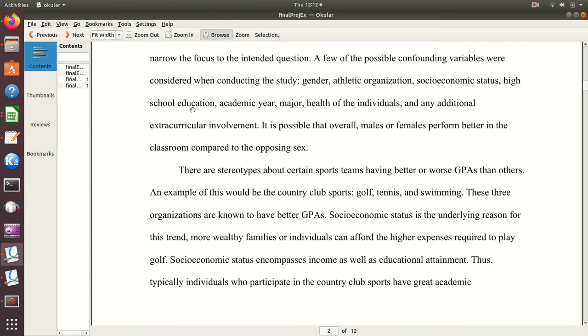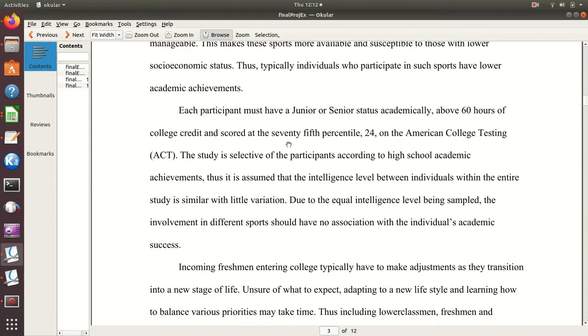Yeah, here we go. High school education, academic year. Well, they limit it to juniors and seniors, so that shouldn't be as big a problem because now you don't really have that variable.